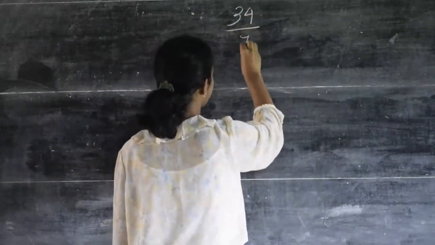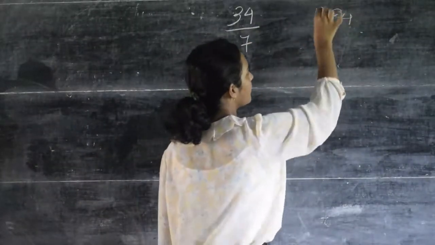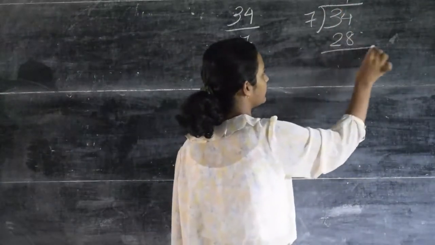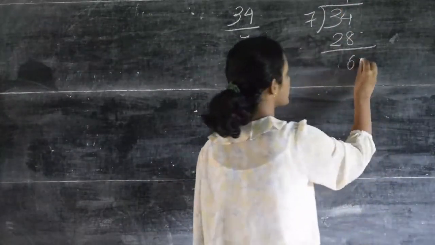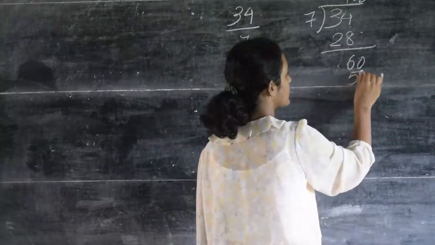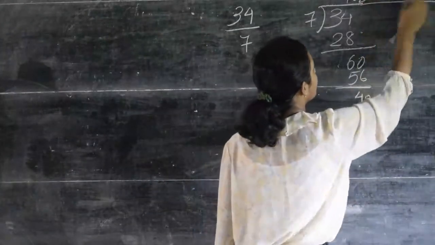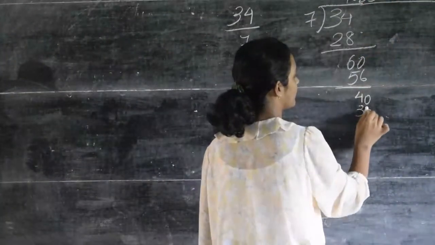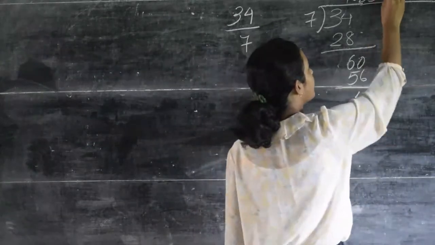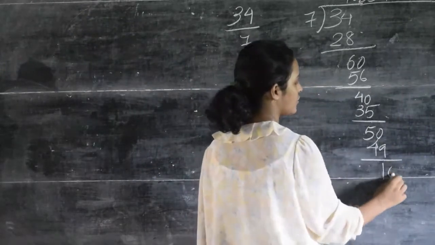Can I take 34 by 7? Let's try. 34, 7, 7 4s are 28 and 6, 0, right? 7 8s are 56 and I get 4, 0. And I get 5, 0. I get 1, 0.